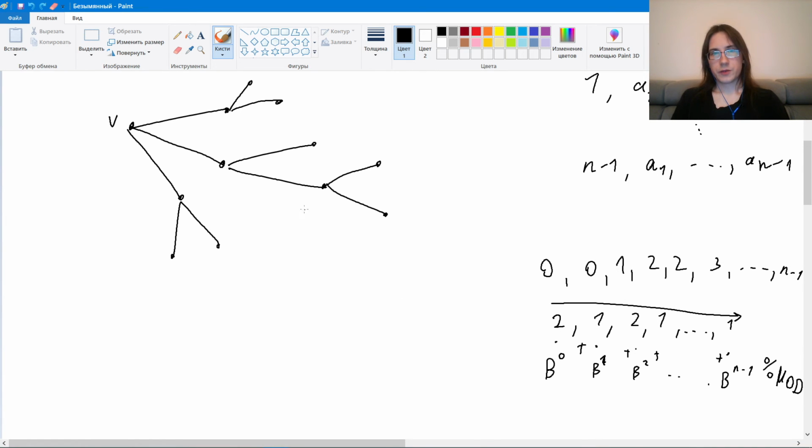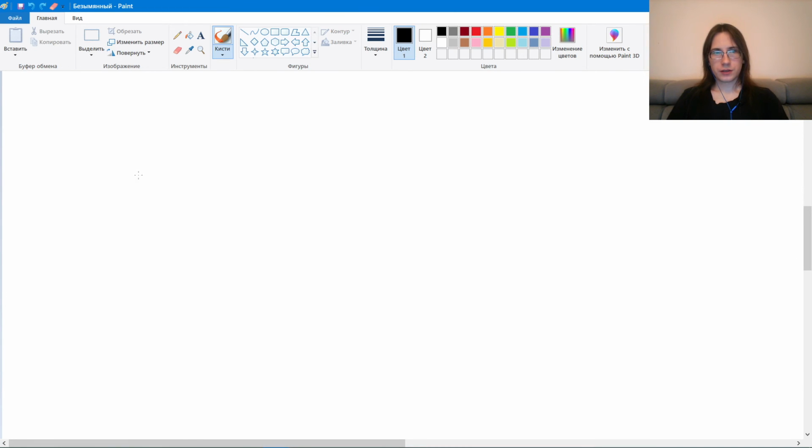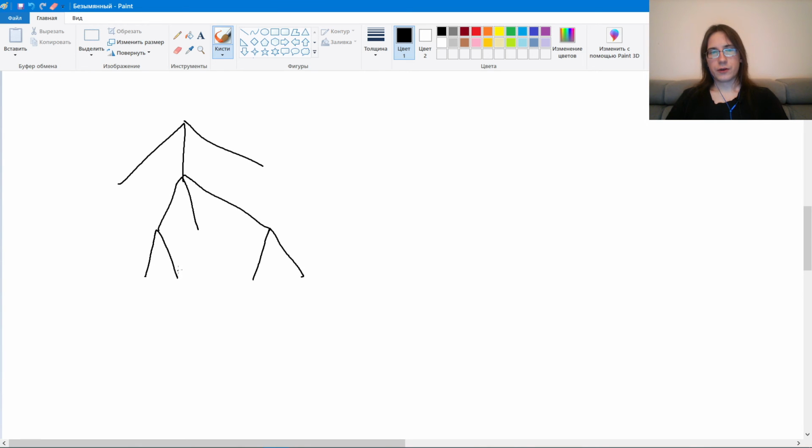So let's see how can we quickly calculate the hash of the set of all distances from V for every possible V. I will use a technique which I call rehanding. Usually when I apply this technique, I do the following. First of all, I calculate some information about every subtree of our original tree.